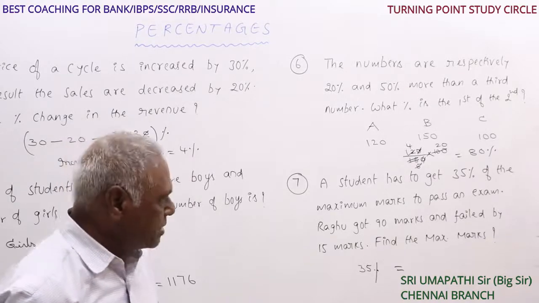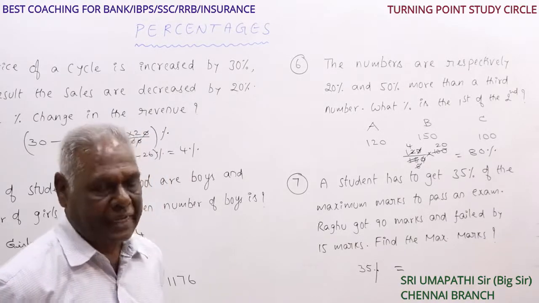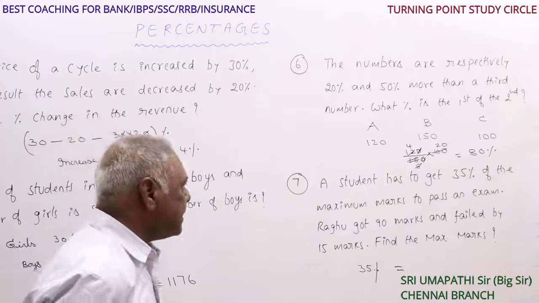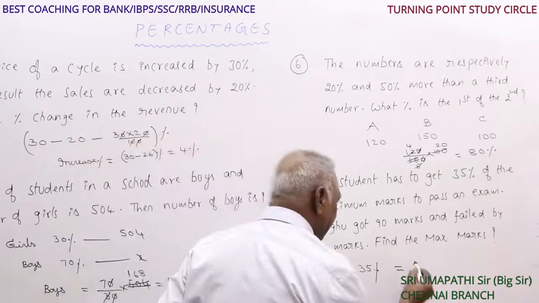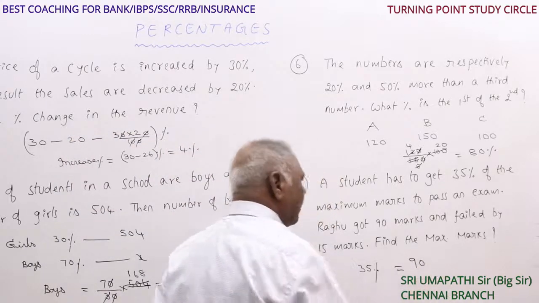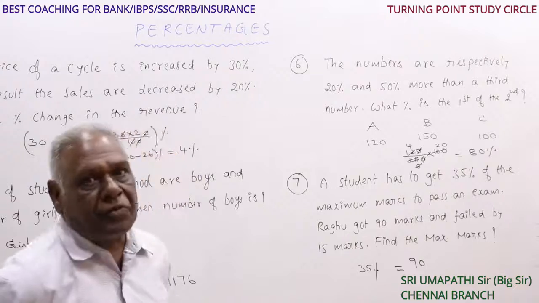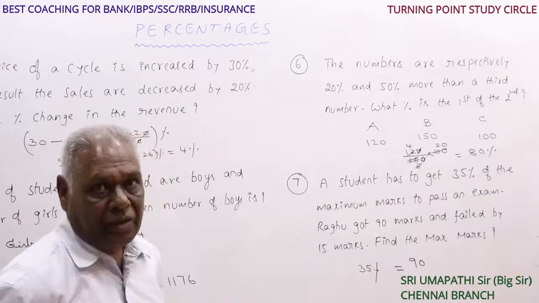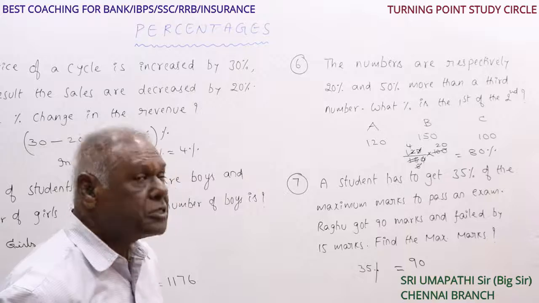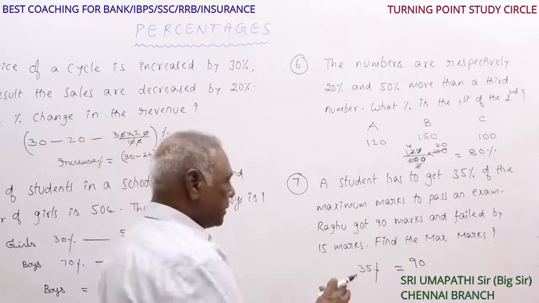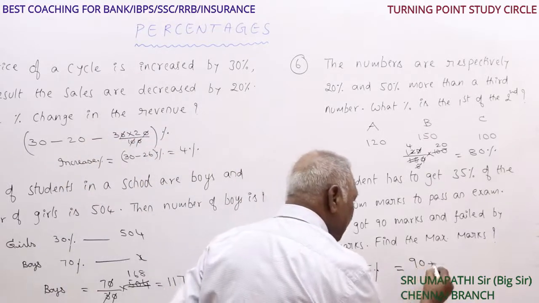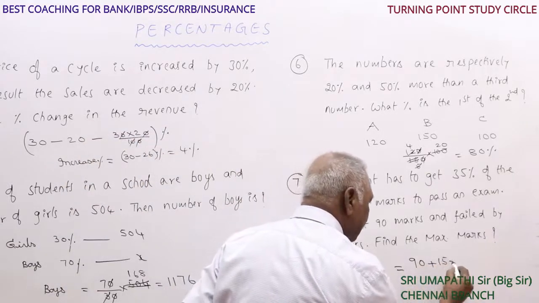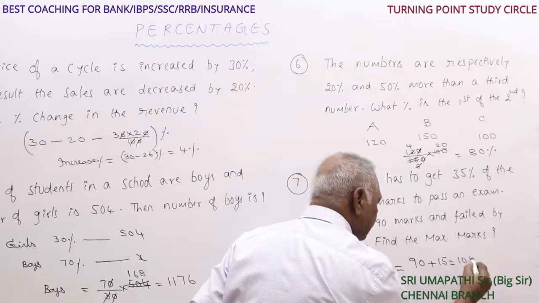So 35% is equal to, he got 90 and he failed by 15 marks. So in order to get 35%, he should have got 15 marks more than 90. So 35% is equal to 90 plus 15, that is equal to 105.